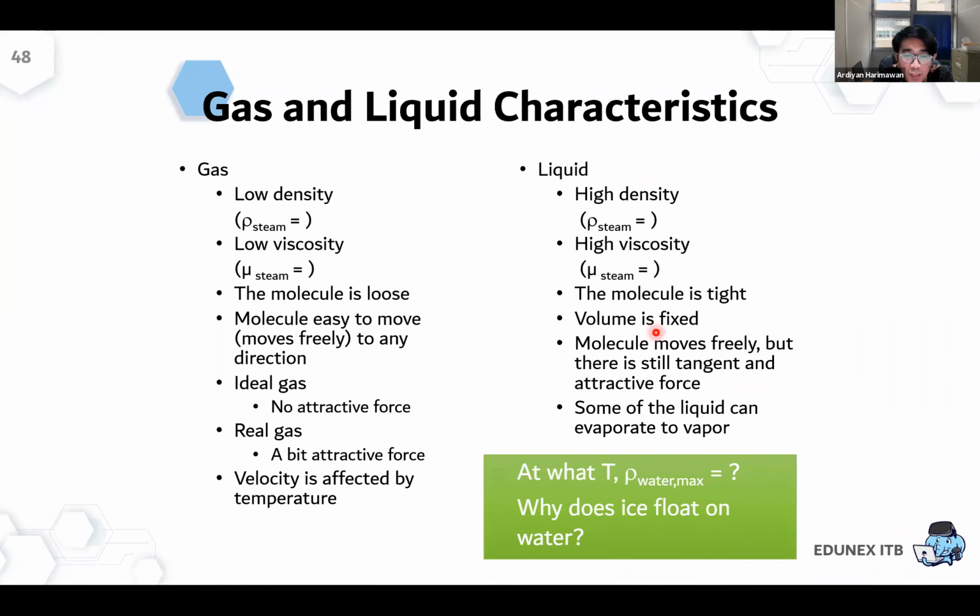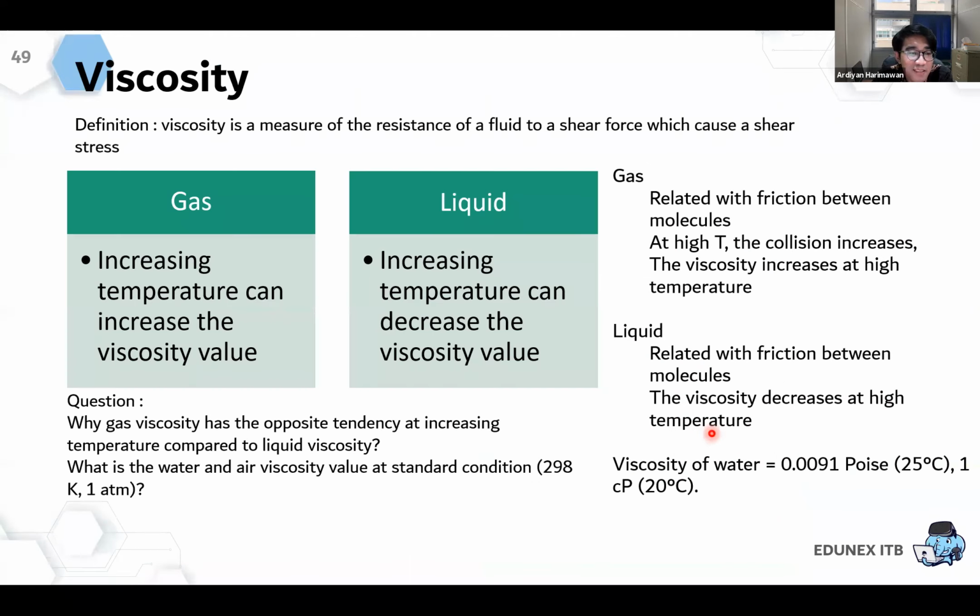The molecules can still move freely, but not as freely as gas molecules because of the attractive force. And if you increase the temperature, some of the liquid will evaporate. I think you already understand the characteristics of gas and liquid, but you need to remember them again.